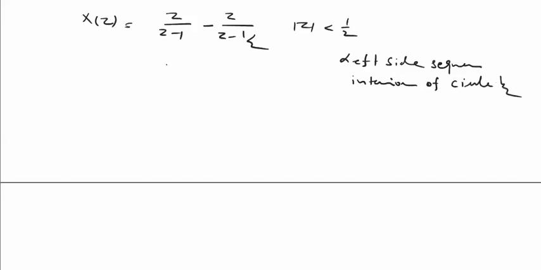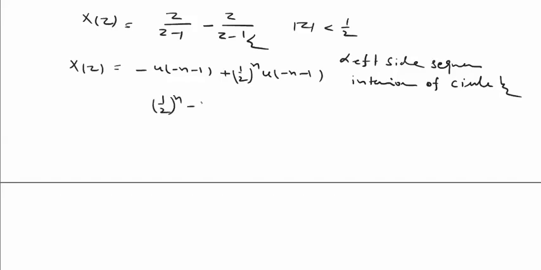Interior of the circle half means we directly write the expression in terms of minus 1 power n u[-n-1] plus half power n u[-n-1], because the ROC is less than half.